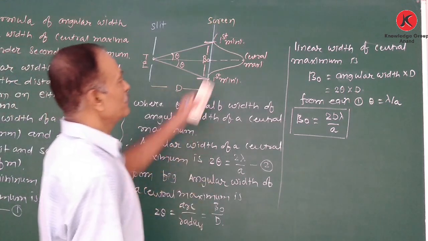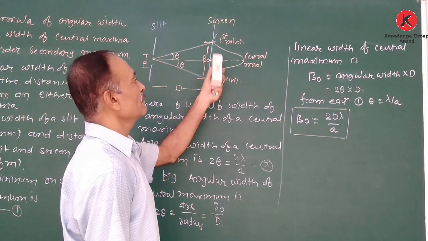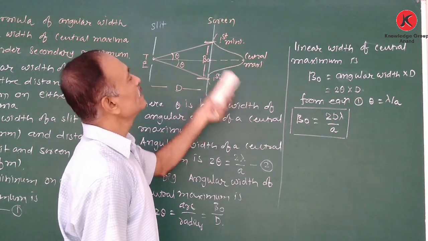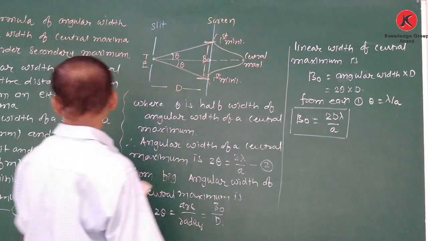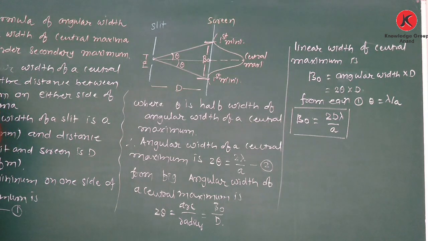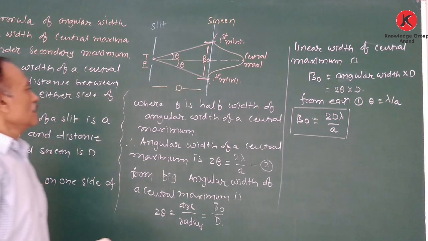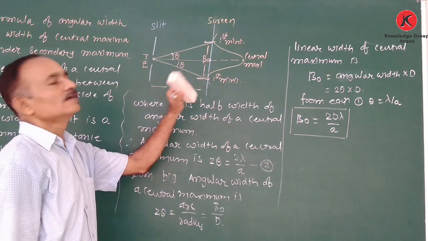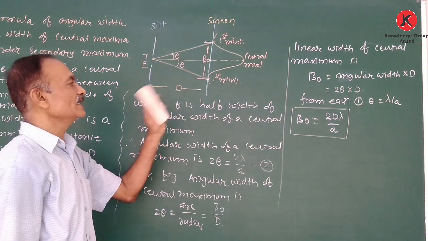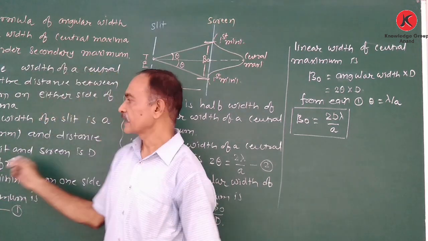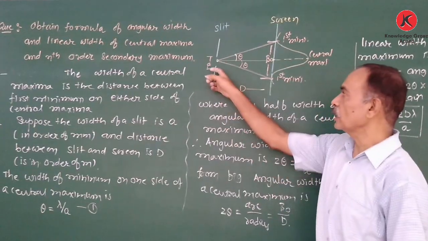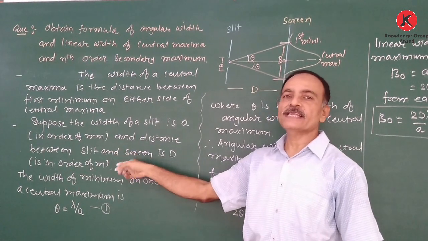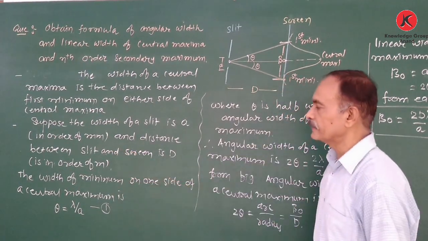So here we start from this. The width of a central maximum is the distance between the first minimum on either side of the central maximum. Now, suppose the width of the slit is a and the distance between the slit and screen is capital D. Here the small a is in the order of millimeters and capital D is in the order of meters.